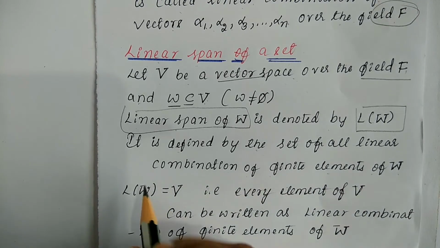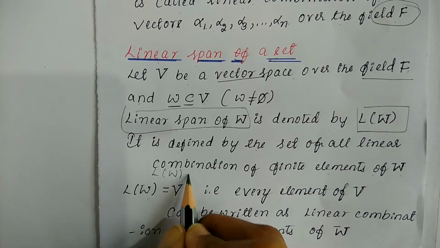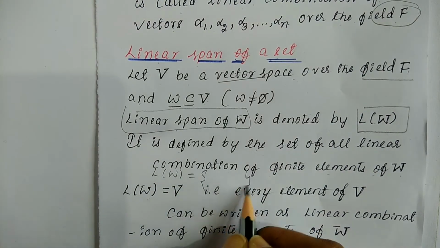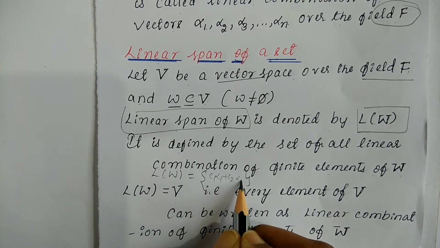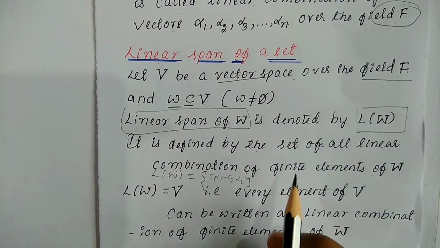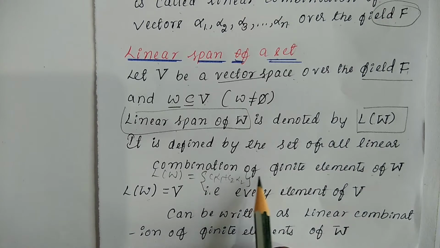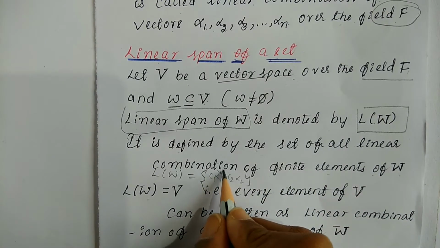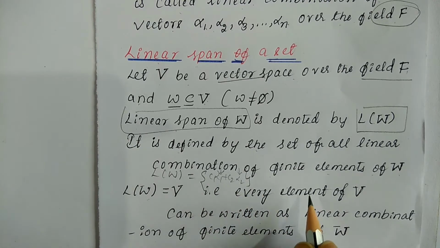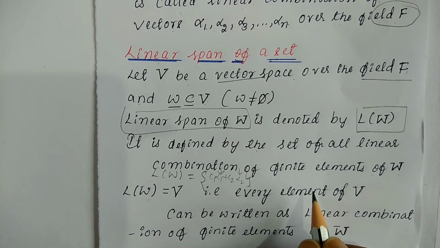It means, see, L of W is nothing but the set of all linear combinations C1 alpha 1, C2 alpha 2, like this. Like that, the set of all linear combinations of finite elements of W. Finite elements of W means alpha 1, alpha 2 are all elements of W. Is it okay?